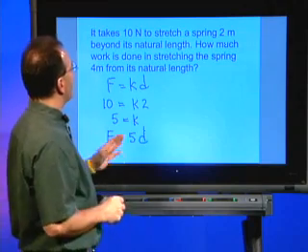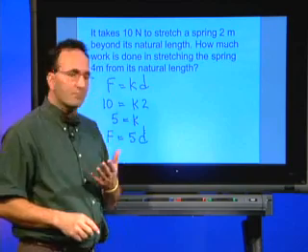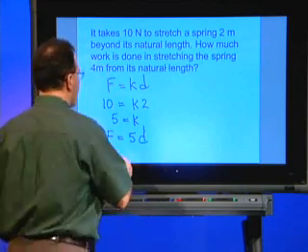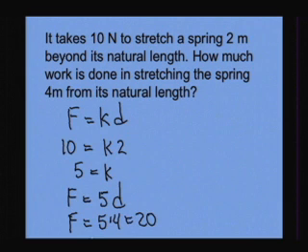So when it asks how much work is done in stretching the spring 4 meters from its natural length, we can plug in 4 for d to find the force, remember, because first we have to find the force. So the force is 5 times 4, which is equal to 20. Now, in terms of finding the amount of work done, what we have to do is integrate from 0 to 4 the force function, which I will change and replace the d with x.